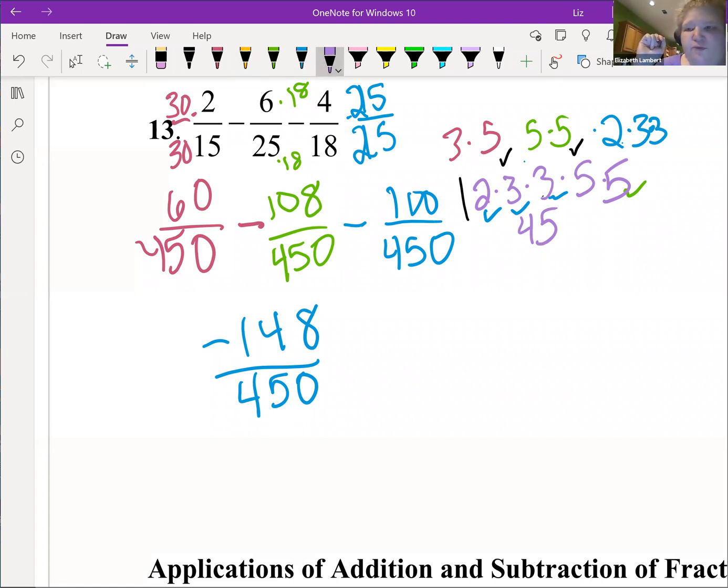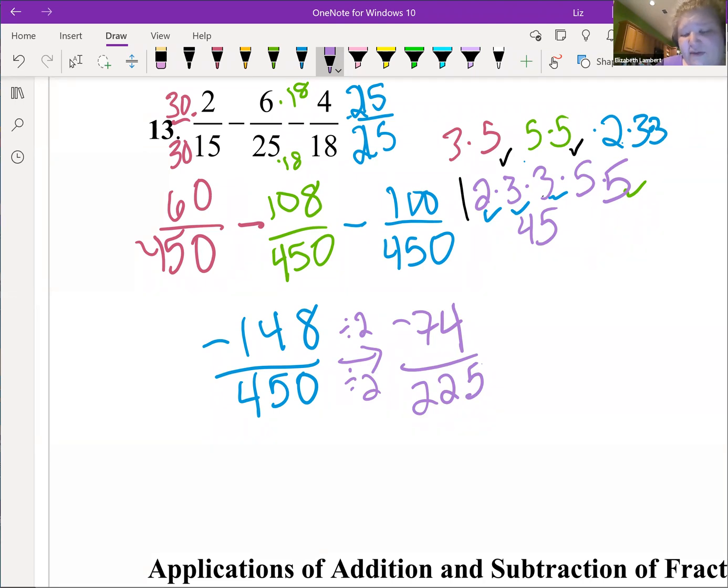I don't know much about 148, but I know it's divisible by 2. So this gets us to negative 74 and 225, which is actually 15 squared.